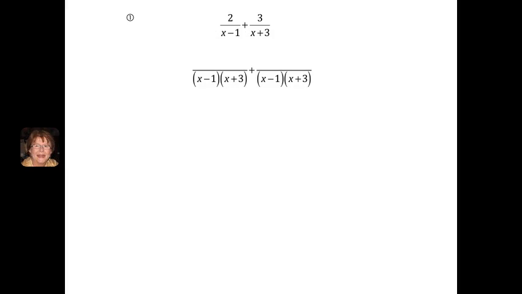Remember, if it's a factor in the original denominator, it's a factor in the lowest common denominator. X plus 3 is a factor in this denominator, therefore it's a factor in the lowest common denominator. We just found our lowest common denominator. Do you remember what to do next?